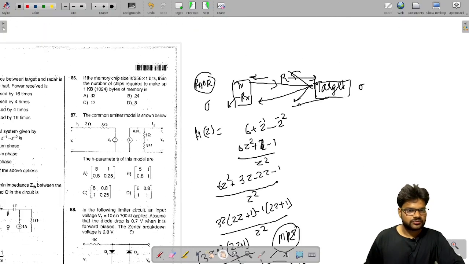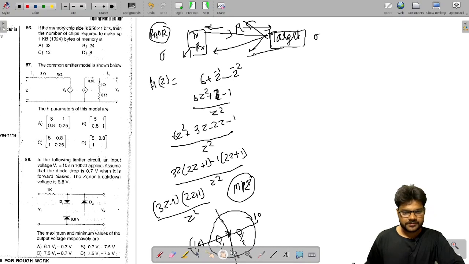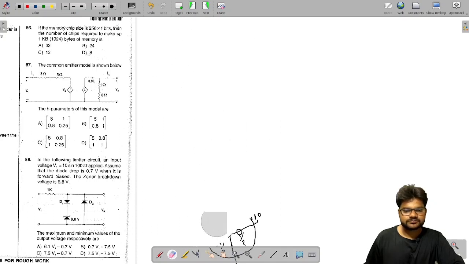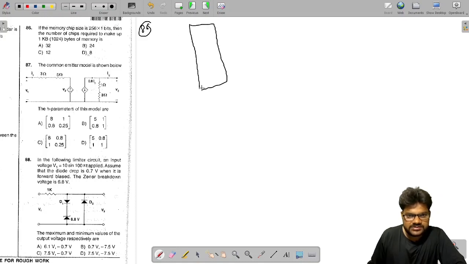Now let us go to the next question, number 86. Okay, so let's erase this. If the memory chip size is 256 by 1 bit, so memory we are given and its size is 256 by 1 bit.